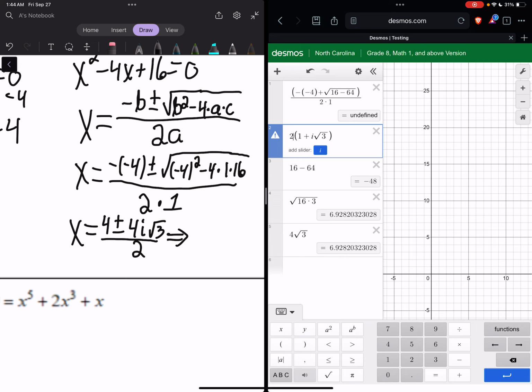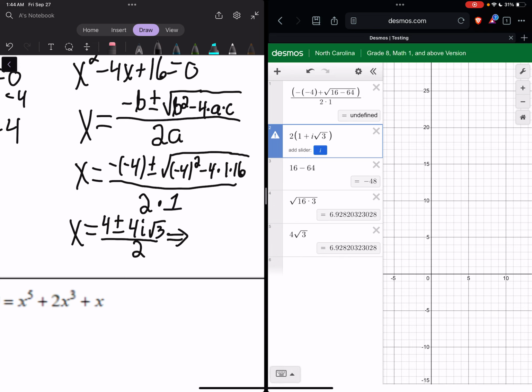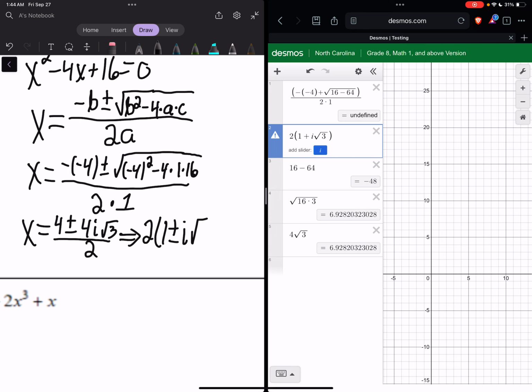So this final answer would be 2 times the quantity 1 plus or minus i square root 3.